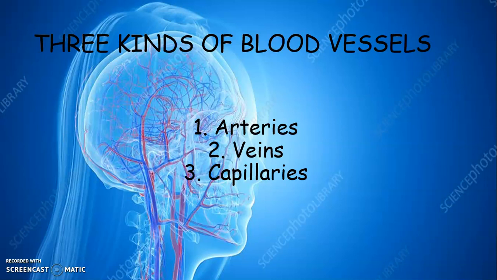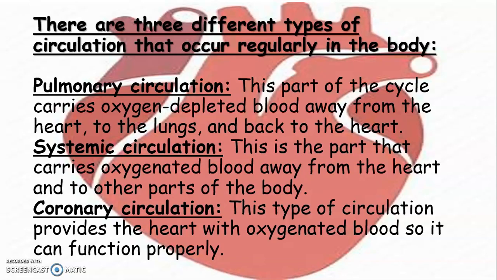Next is three kinds of blood vessels. First is the arteries, veins, and capillaries. Next, there are three different types of circulation that occur regularly in the body. The pulmonary circulation. This part of the cycle carries oxygen-depleted blood away from the heart to the lungs and back to the heart.